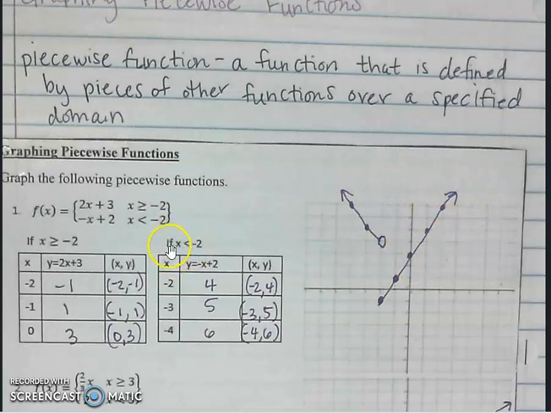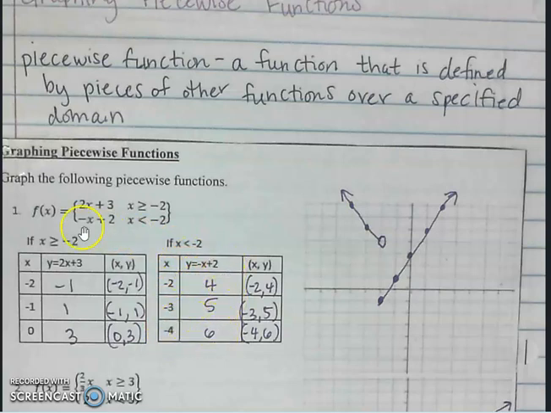Now for this next one, it says if x is less than negative 2, you'll notice I still have negative 2 in my table again, even though there's not an equal to symbol. And this is so that when I go to graph this, I know where my open circle is going to start the graph. So the same thing is true. We'll take numbers that are less than negative 2, for example, negative 2, negative 3, negative 4.